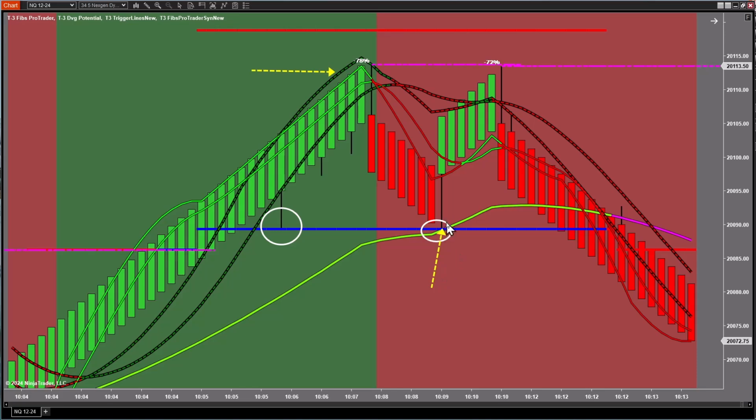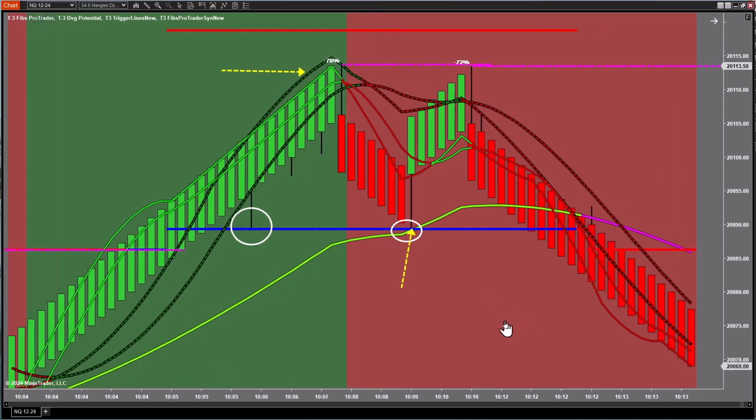Now, what happens next is, again, hopefully this chart reading aspect of what we're doing today is very, very helpful for everybody. Look, we retest the high. And when we retest the high, I want you guys to tell me the condition of the trigger lines at that high. It's pretty significantly down, right?